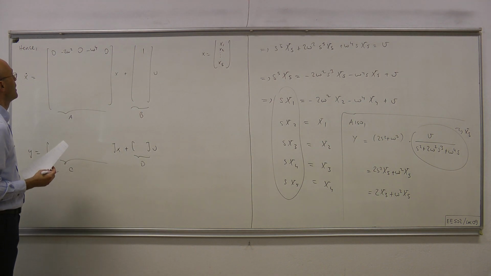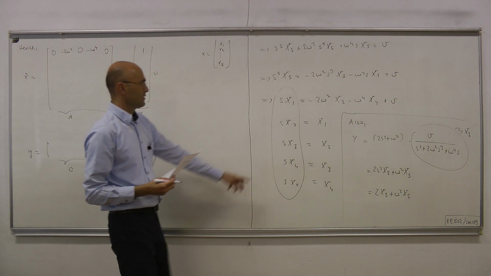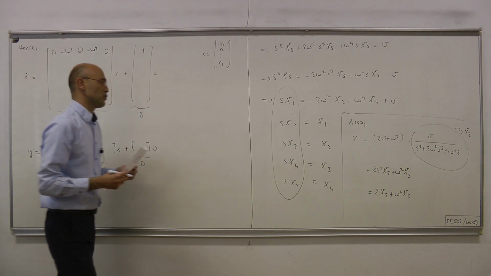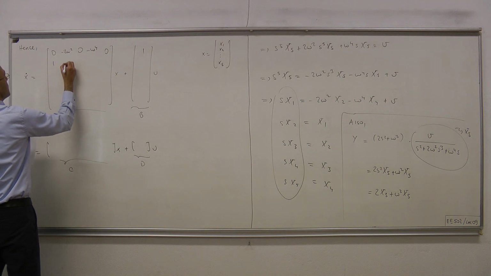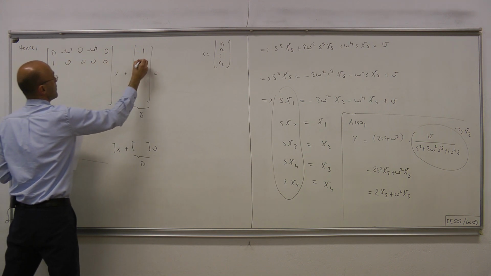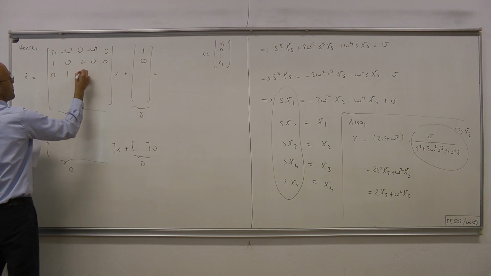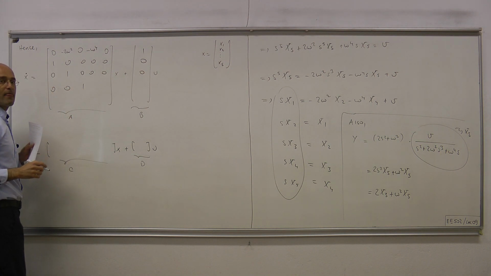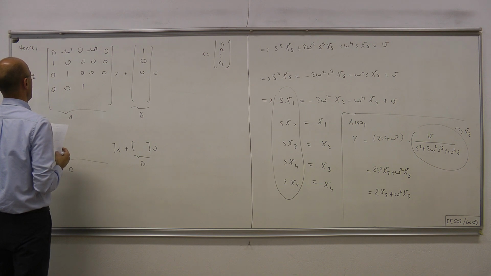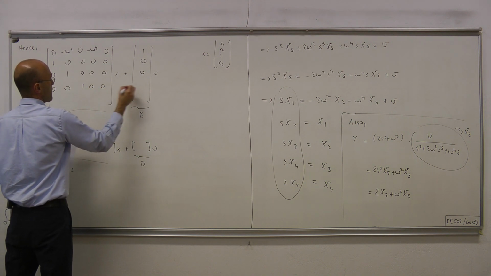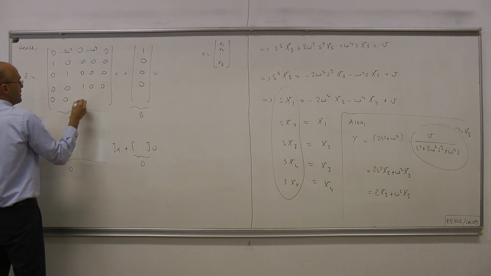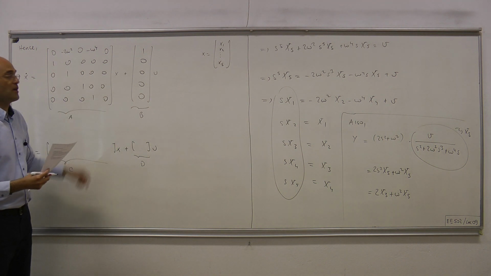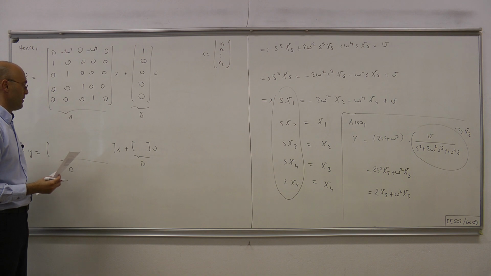Then the remaining equations are really easy. x2 dot is x1, x3 dot is x2, x4 dot is x3, and finally x5 dot is x4, and this is our AB pair.